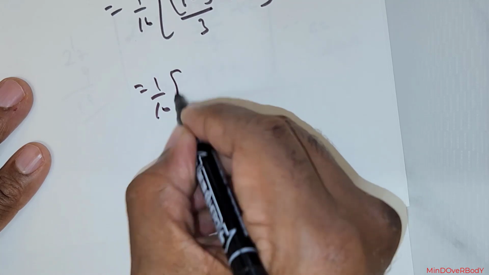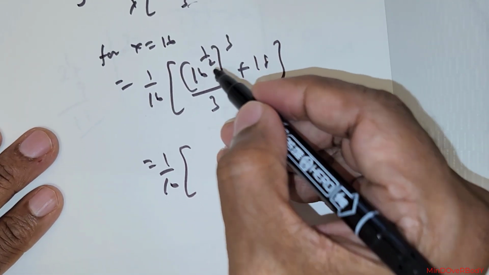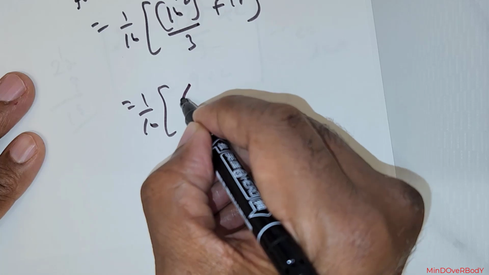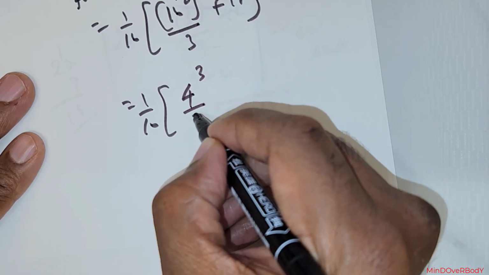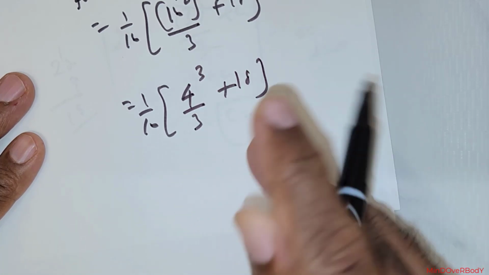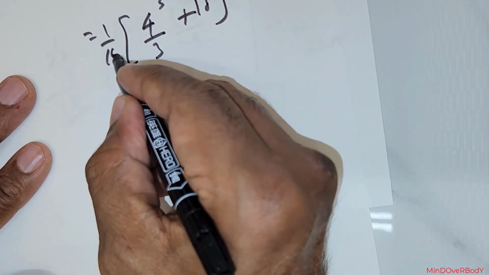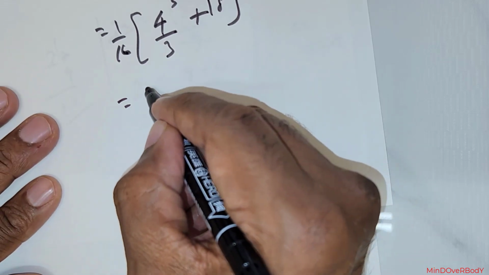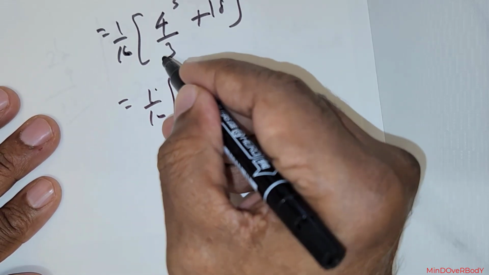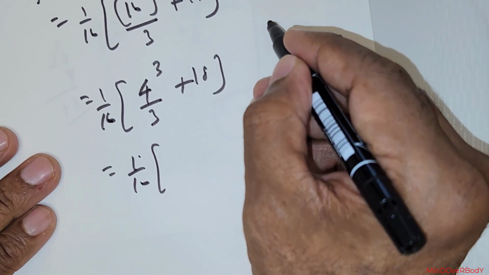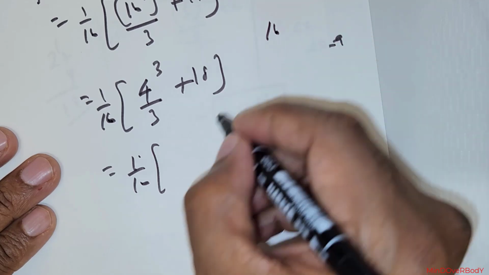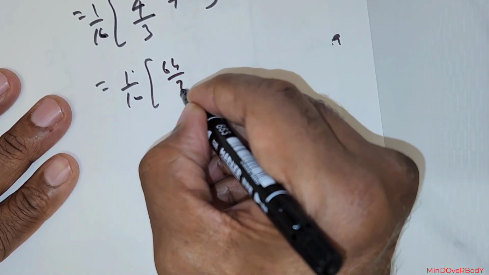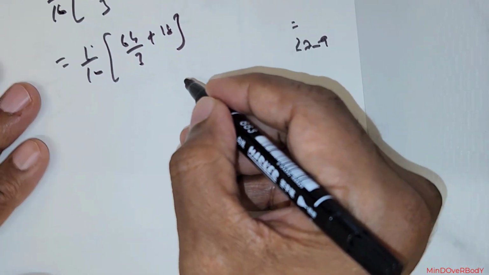So this is going to be 1 over 16 times root of 16 is 4. So this is 4 raised to the power of 3 divided by 3, plus 18. Okay, so this is what you've got. So now you have 1 over 16. Now 4 raised to the power of 3 is what? 16 times 4. So this is 64 over 3 plus 18.